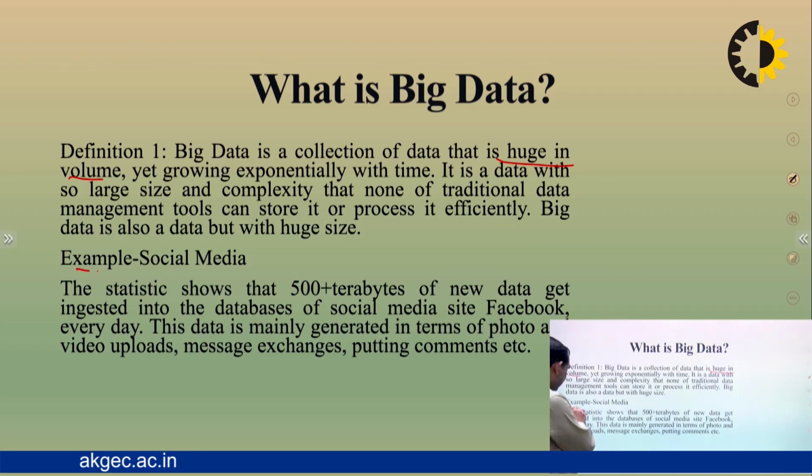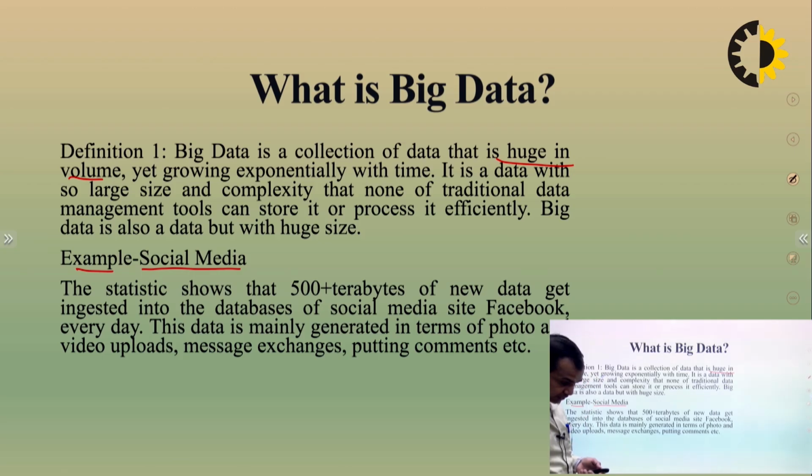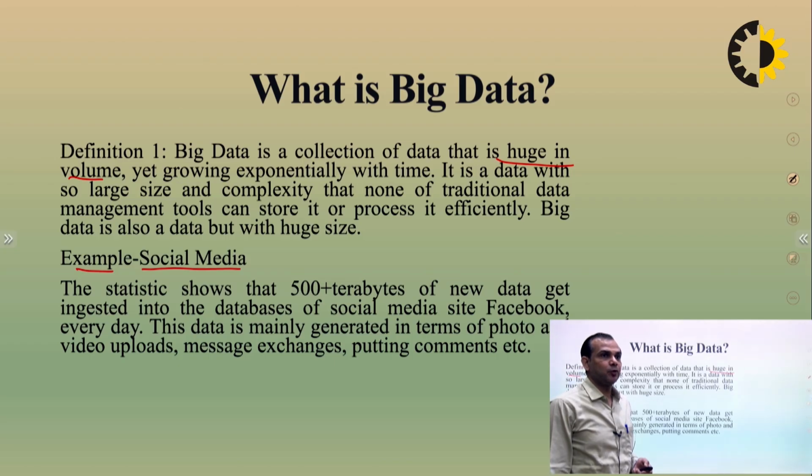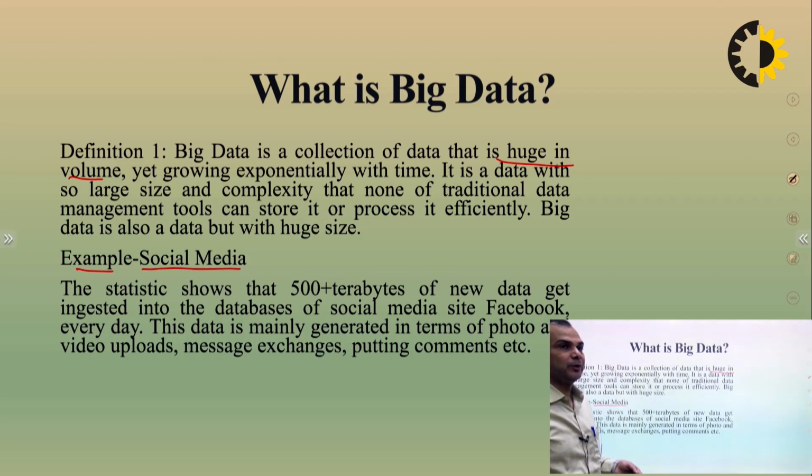Second, let us take an example in social media. Suppose we write a post, another person likes this post, and another one writes some comments on it. We will discuss the different types of data later, but a social media example is big data. The statistics show that 500 plus terabytes of new data are ingested into the databases of social media sites like Facebook day to day.